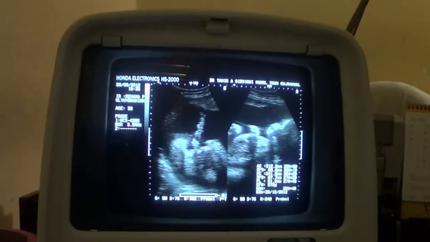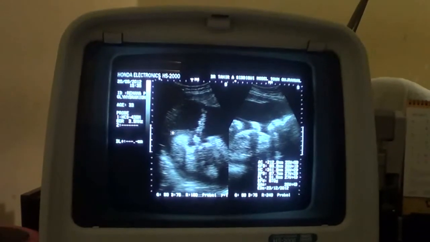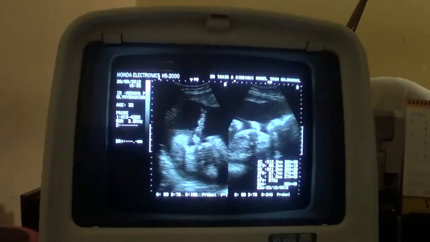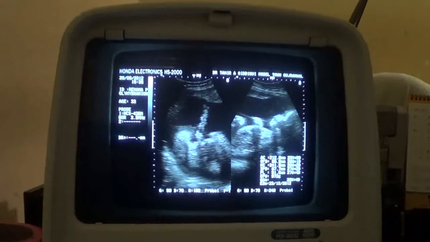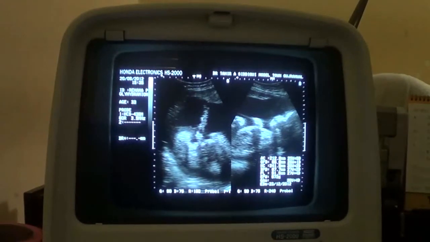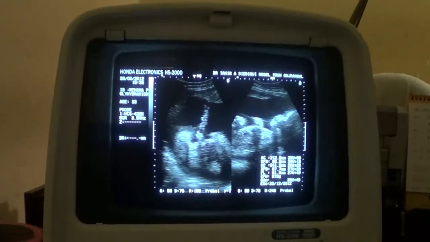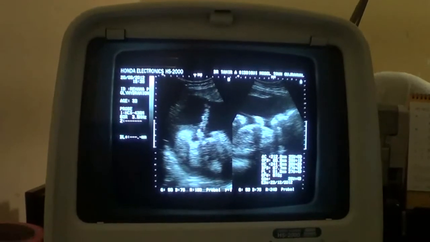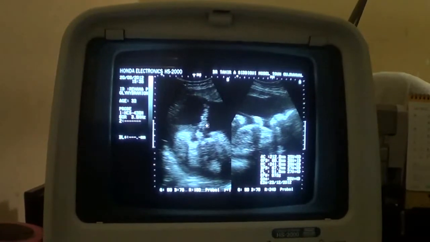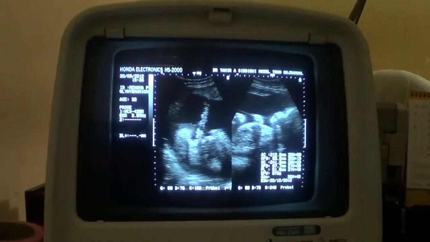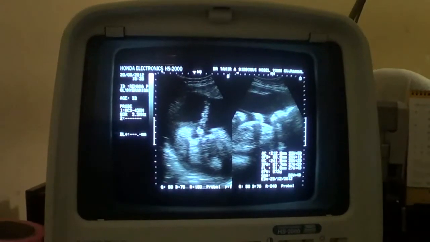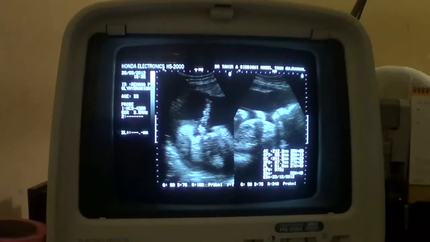So now here we see there is polyhydramnios, there is fetal demise, there is no fetal activity seen, and there is no cardiac activity seen. There is a beaded form of umbilical cord which is collapsed totally, no patent vessels seen, which is usually two arteries, one vein.